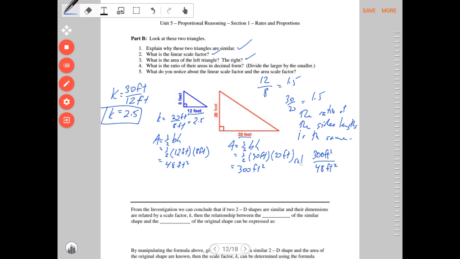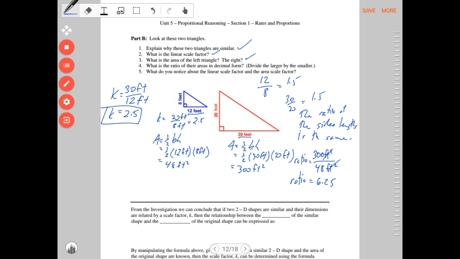Okay, so I guess we could call that the ratio. Okay, so 300 divided by 48 is 6.25. Okay, remember the feet cancel, and the square feet cancel. So this is a unitless number, the ratio.